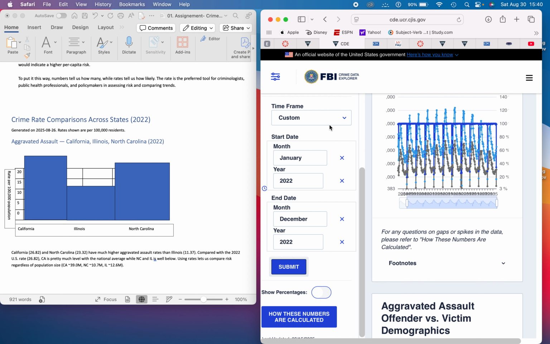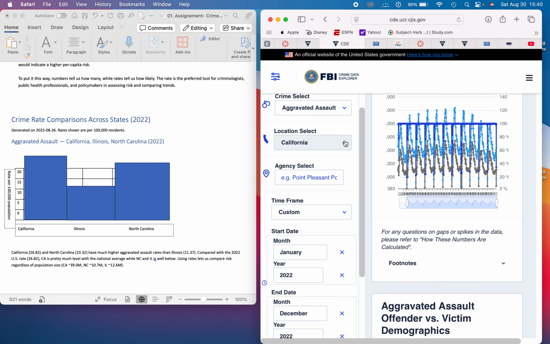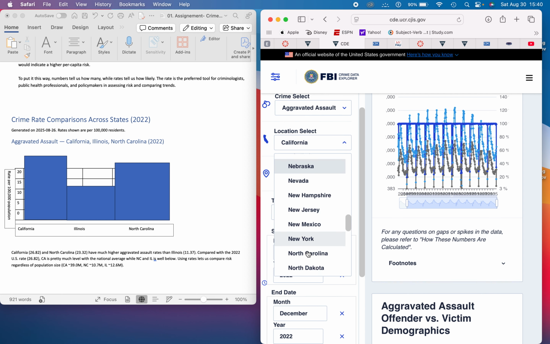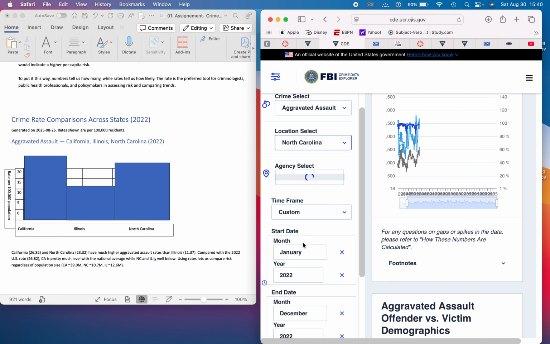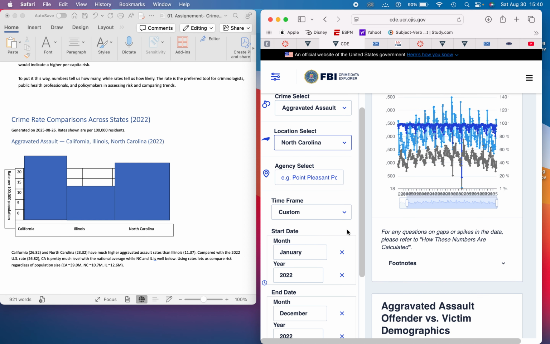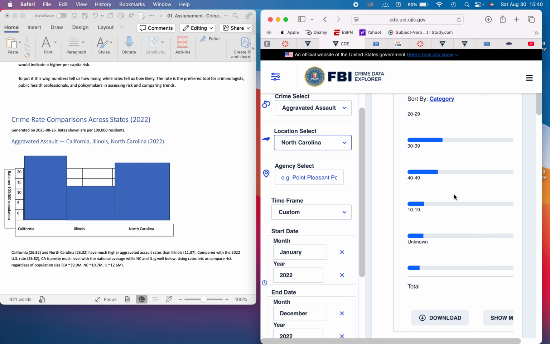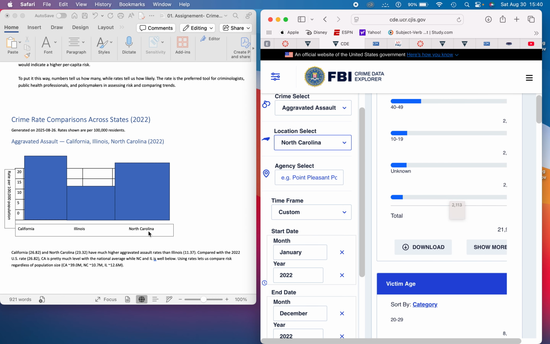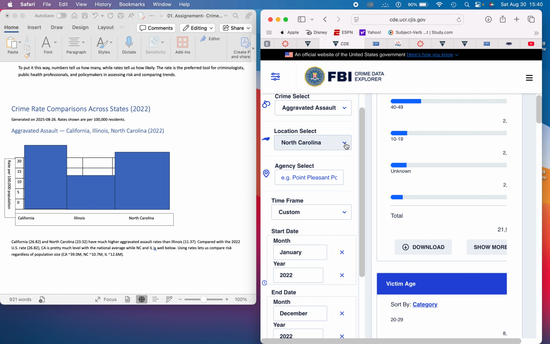We could do the same thing, we could switch to North Carolina, and we will get the same result. All you gotta do, the date's already here, and everything's in here. The numbers are here for you to see. As you can see, North Carolina is second behind California, and Illinois is the least.